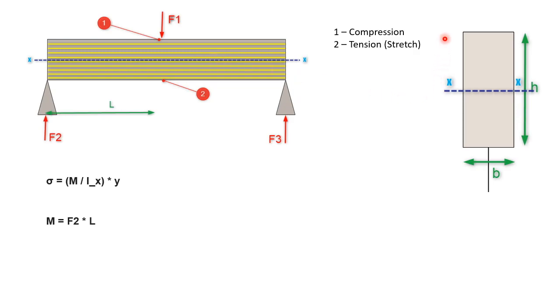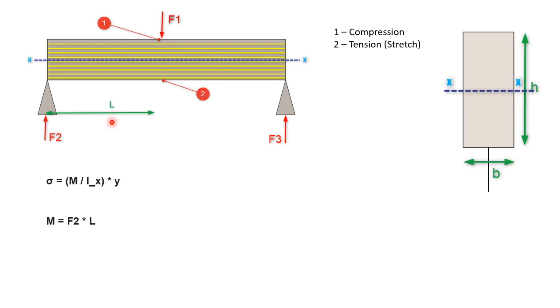Here's a cross-section picture of the beam, with height h and width b. The force is located at the length L from one of the supports.